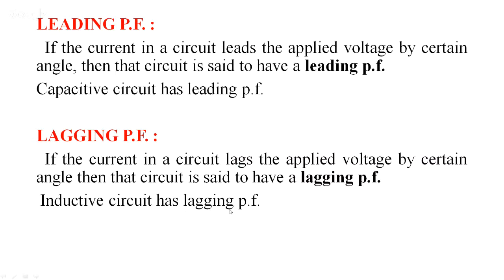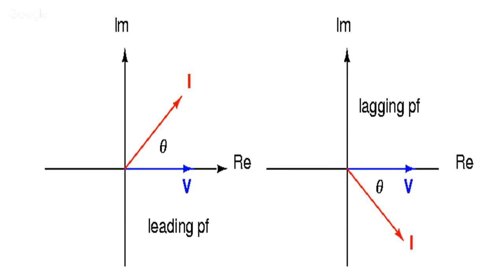Therefore, an inductive circuit has lagging power factor. A capacitive circuit has leading power factor. In the vector representation in the figure, this is the applied voltage in blue and this is the current in red.